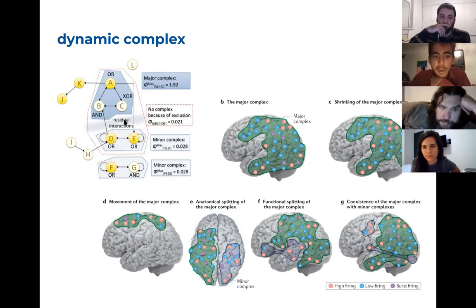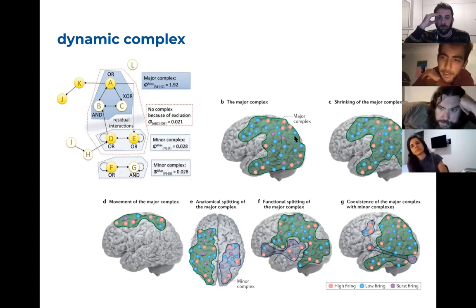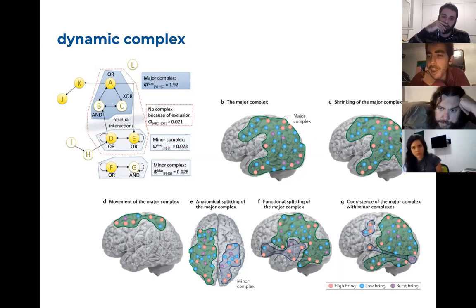You could picture the brain, calculate phi everywhere, for the power set of everything over all scales, and you find a complex. Dynamically, you could imagine that it could shrink at certain moments. Say you're fully concentrated on a movie, then this complex could dynamically move. The peak of integration is over a posterior zone.